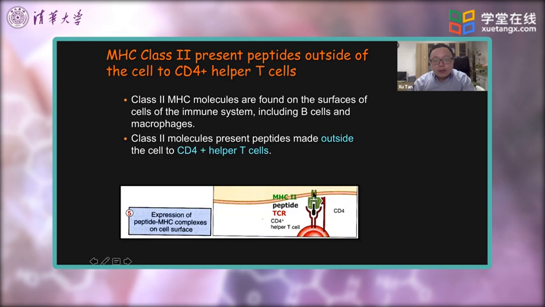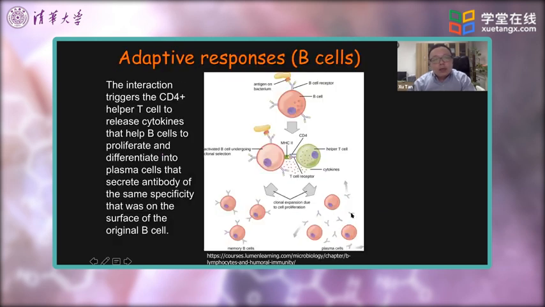Similarly, the CD4 T cells use their TCR to recognize the antigen peptide presented by the MHC molecule on the surface of antigen-presenting cells. Then this interaction triggers the CD4 T cell to release cytokines into its environment.